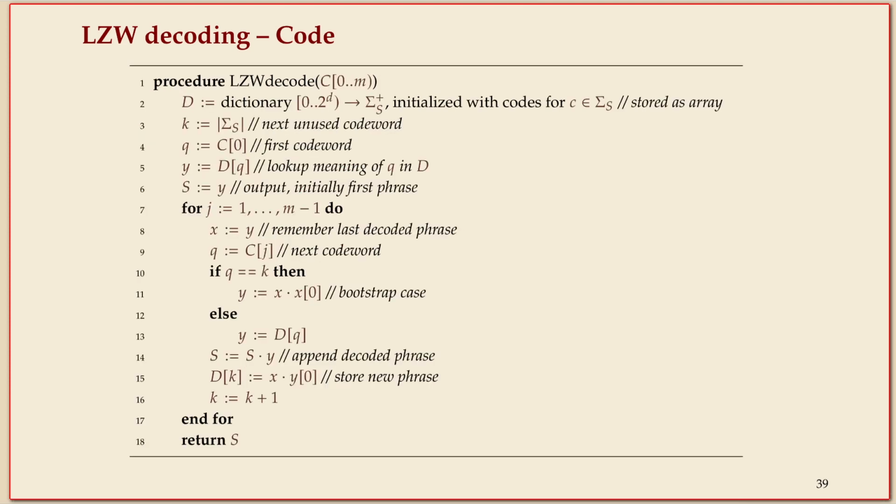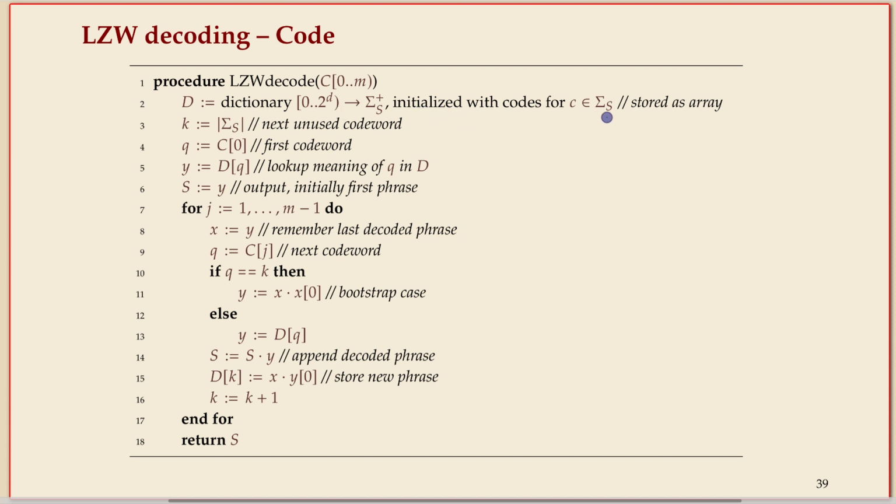So here's the code for that. It looks like a lot of text, but apart from this special case, there's nothing really complicated going on. We start with a dictionary. In this case, we don't need a fancy trie or any special data structure. It's just an array with strings or pairs of previous phrase and one character.